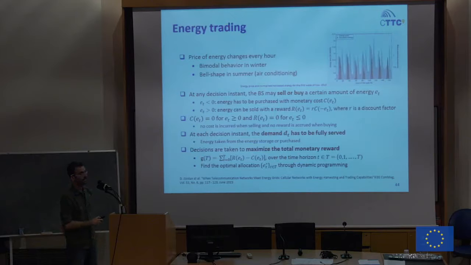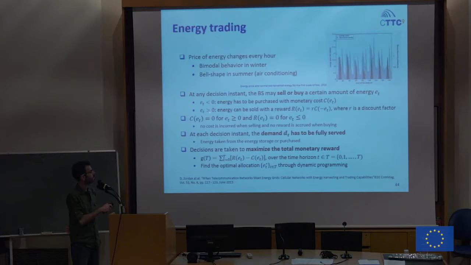The idea is that at any decision instant, I may want to sell or buy a given amount of energy in order to maximize my monetary profit. The energy is said to be negative when we have to buy the energy from the grid, and then I have a cost C.